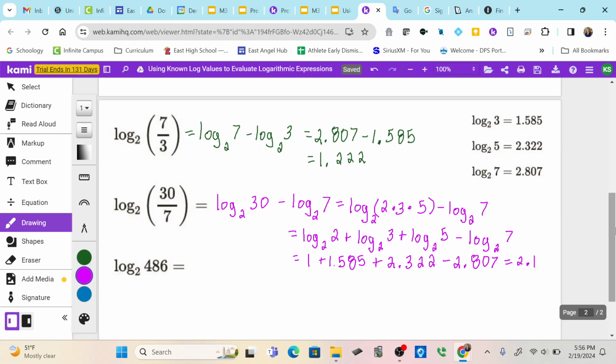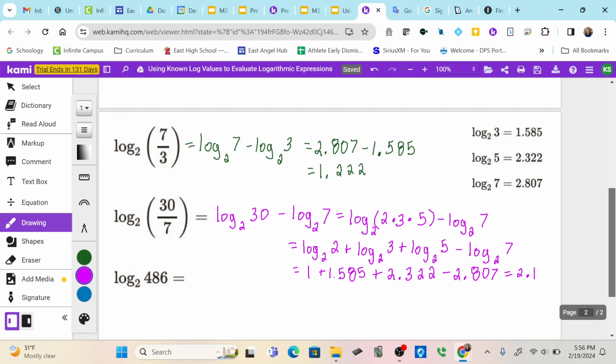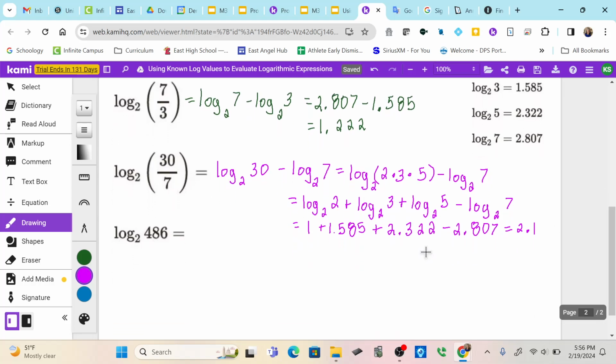And our third one, we have 486. So I'm going to try some things here. I'm going to see if 2 squared, which is 4, will divide 486 evenly.